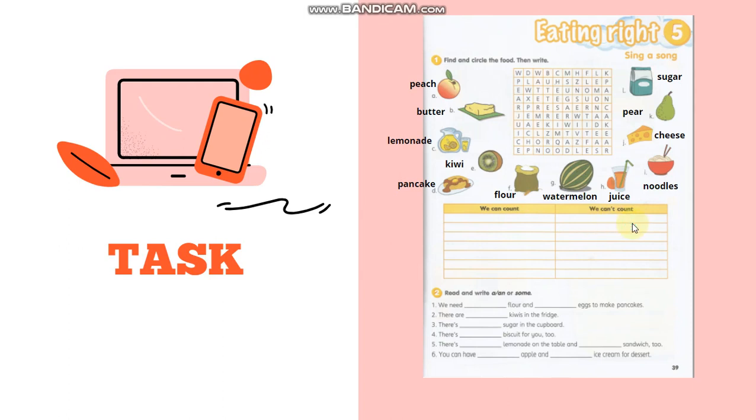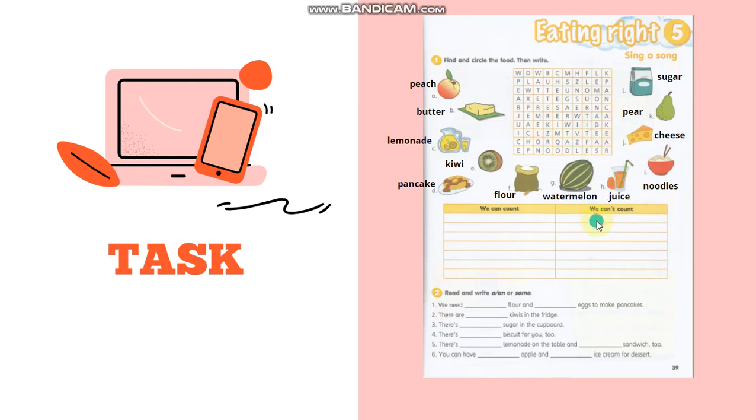Let's look at the food. A is peach, butter, lemonade, kiwi, pancake, flour, watermelon, juice, noodles, cheese, pear, and sugar. So you have to find the words and circle them.